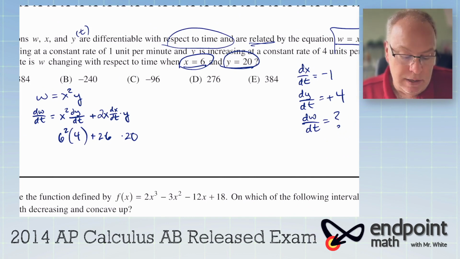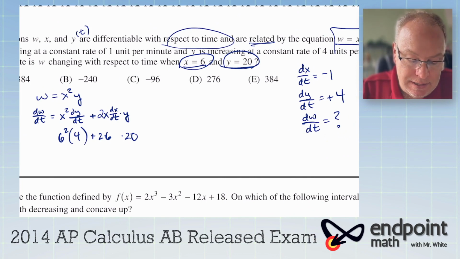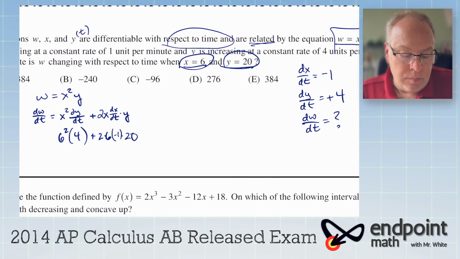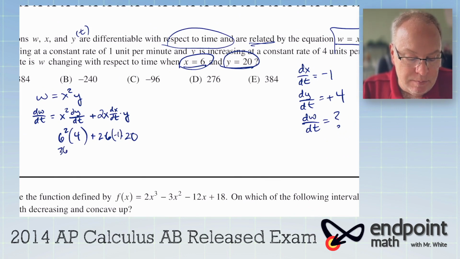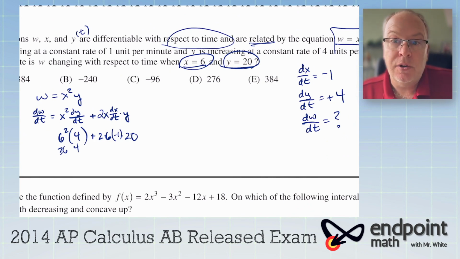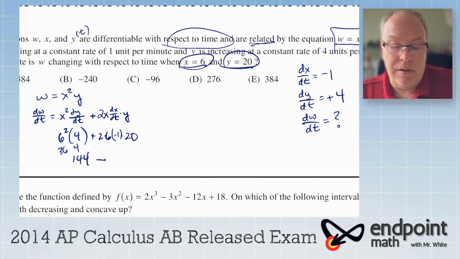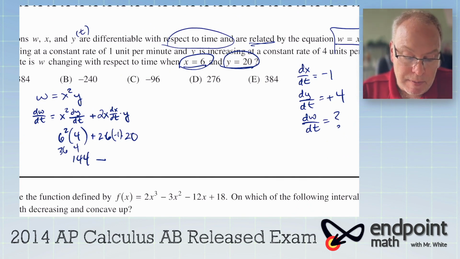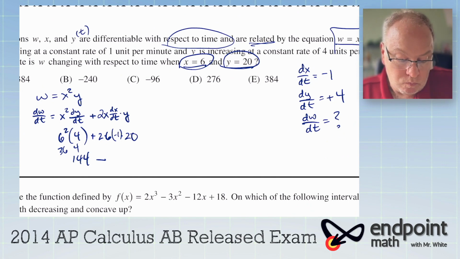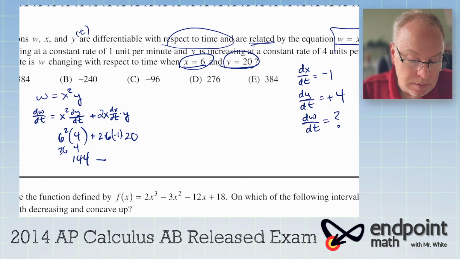So dy/dt is +4, dx/dt is -1. All right, so this is 36 times 4, which is 144. This is going to be minus because 2 times 6 times negative 1 is minus... I'm sorry, this is 36 times 4.